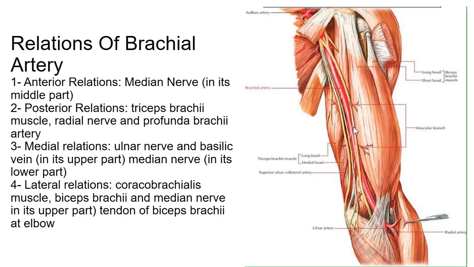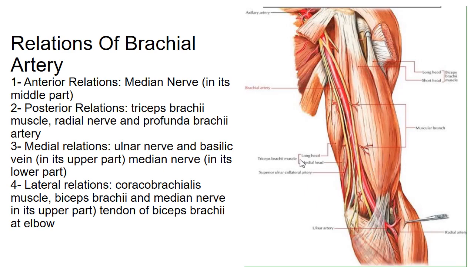In the middle of the arm, it is crossing it anteriorly and comes on its medial side. And this one is the ulnar nerve, which lies on the medial side of the brachial artery throughout its extent. These were the relations of the brachial artery in the arm.